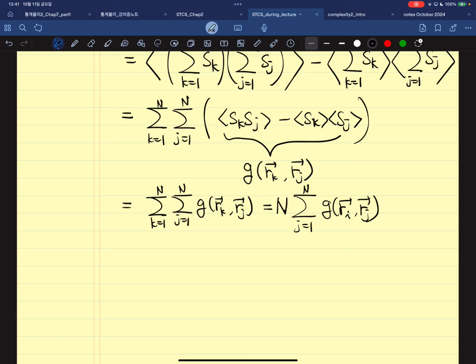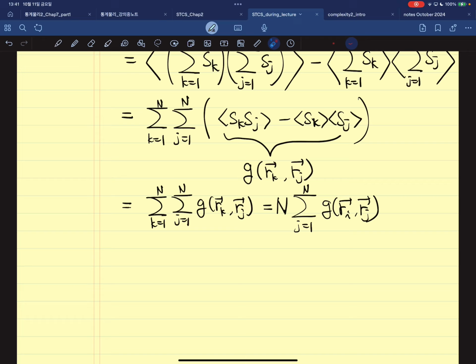As we did for the Bethe lattice or infinite size system in the calculation, when we deal with this infinite size system, each of these sites can be equivalent to each other.